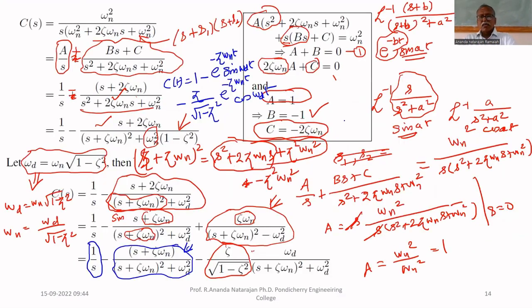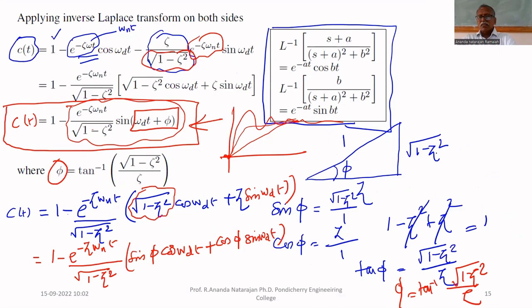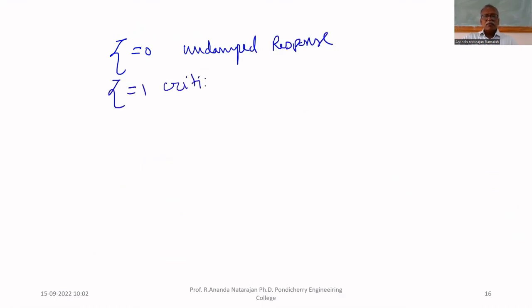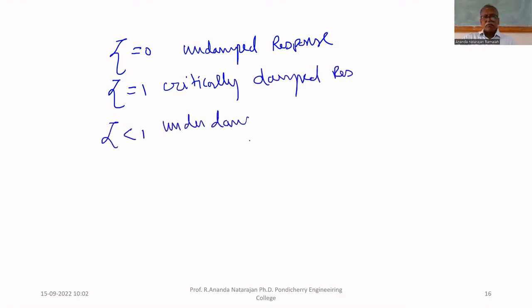Now we see that when zeta equal to 0, it is the undamped response. Zeta equal to 1, critically damped response. Zeta less than 1, under damped response, which means it oscillates and settles.